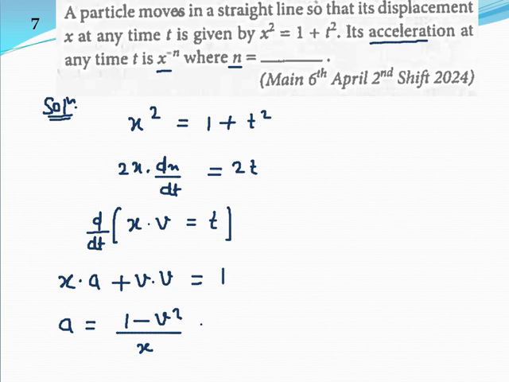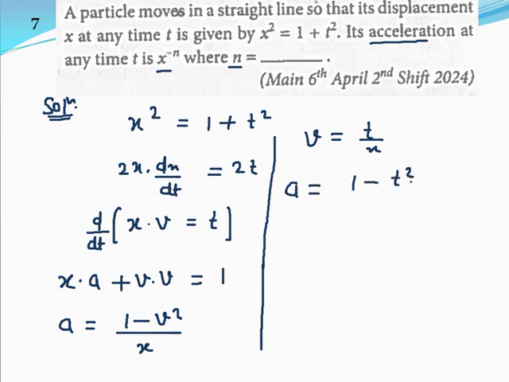Now we have to arrange this relation in terms of only x. So for that I will use the first differentiation, from here we can take v equals t by x. Now putting in the relation of acceleration, 1 minus t square by x square, upon x.